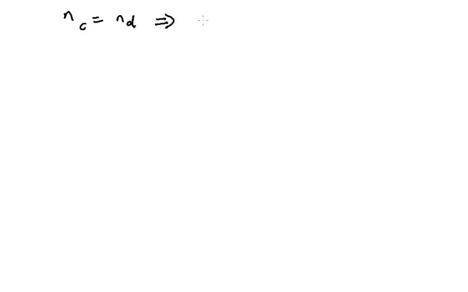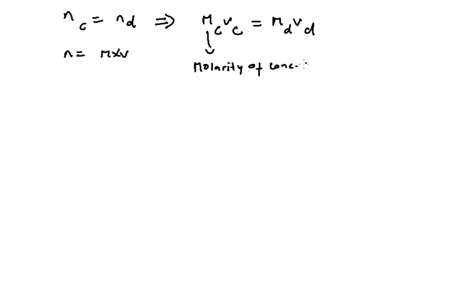NC can be calculated as MCVC equals MDVD. Remember that N is always M times V. So when I say MC, it stands for molarity of concentrated solution, and VC stands for volume of concentrated solution.